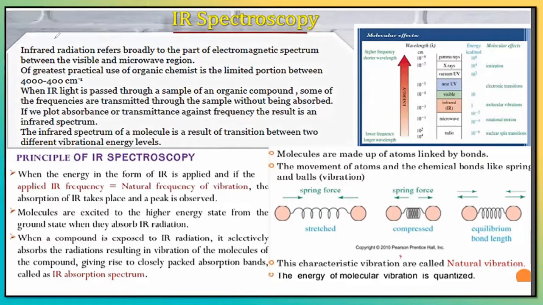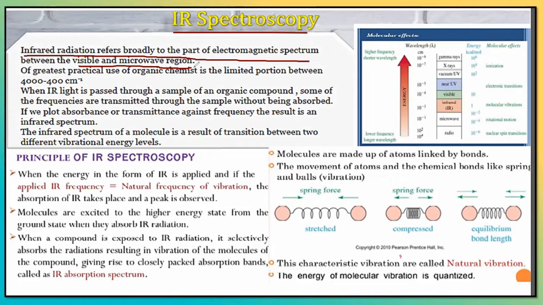Now what is IR spectroscopy? If the question comes to us, what will we answer? Infrared radiation refers broadly to the part of the electromagnetic spectrum which is between visible and microwave. So infrared radiation starts from the microwave end and ends at the visible end. After visible there is UV, which is a separate region.